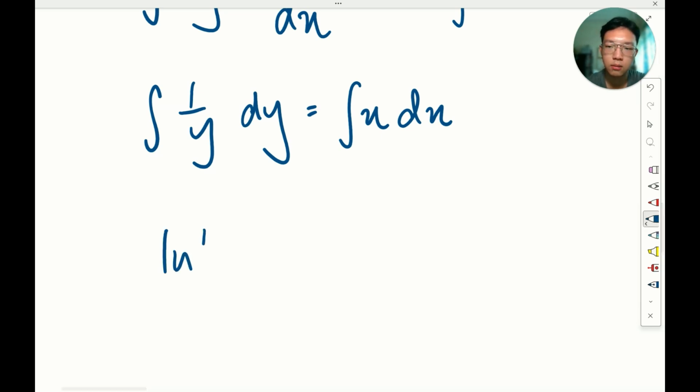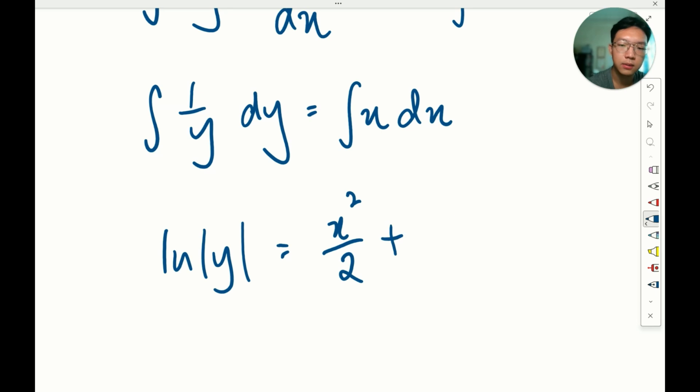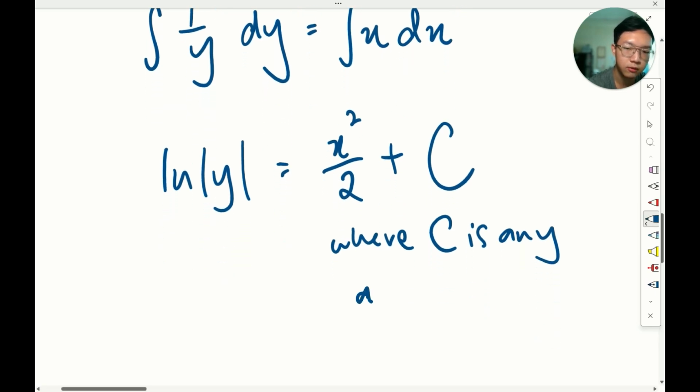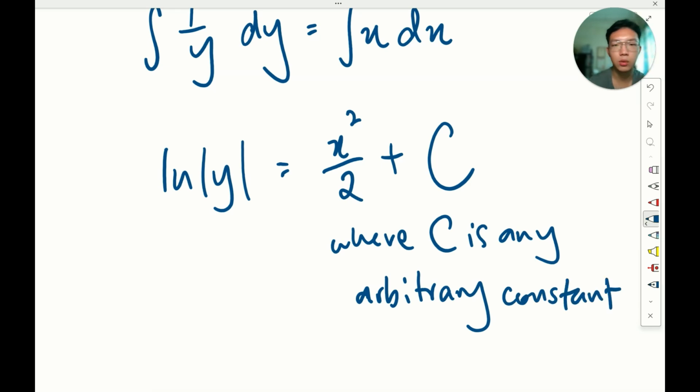So we have ln mod y on the left hand side equals x squared over 2 plus c. Once again, c is any arbitrary constant. Now that we have this, we just need to simplify to make y the subject.